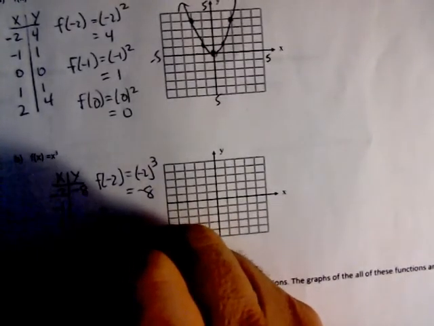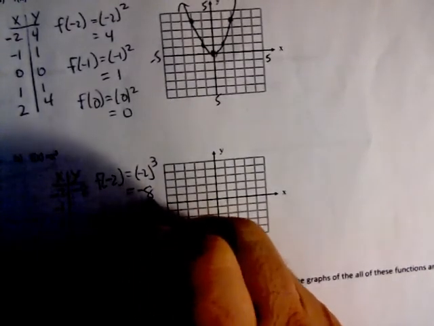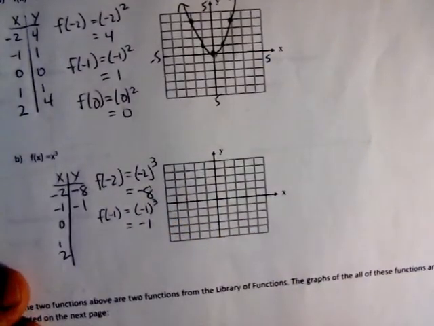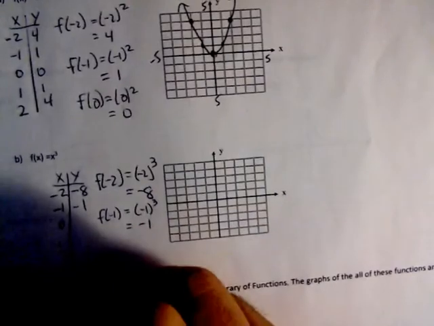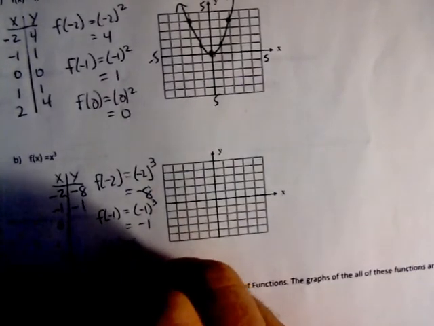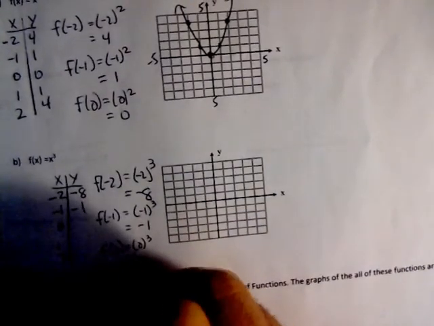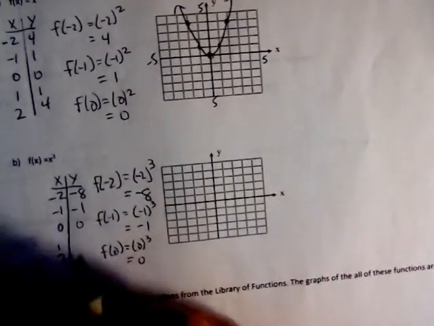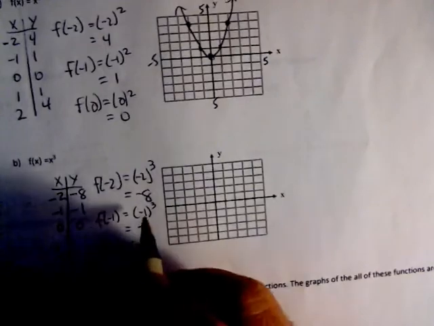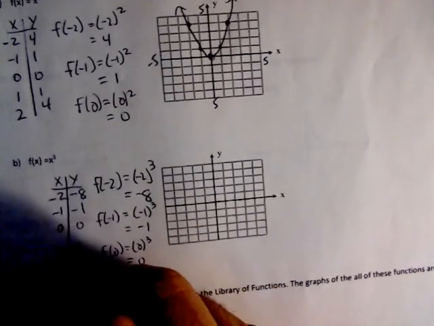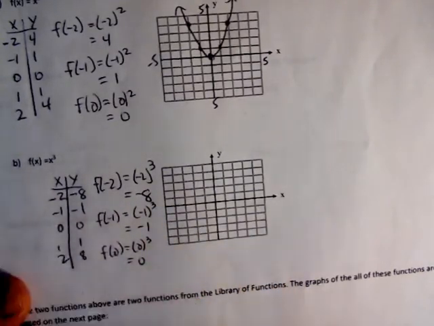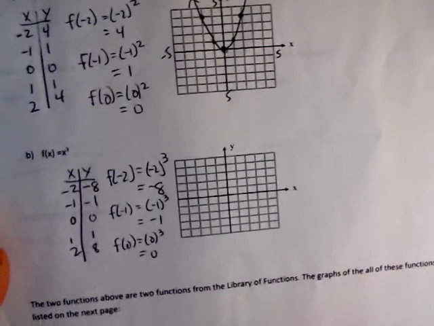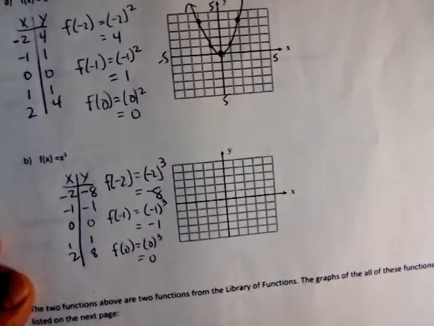If I want to find f of -1, I cube -1, and that gives me -1. f of 0 is 0 cubed, which is 0. And again, you'll notice when I cube a 1, I'm going to get 1, but this time they're not going to be both the same sign. So this graph is going to look a little different than the other graph.